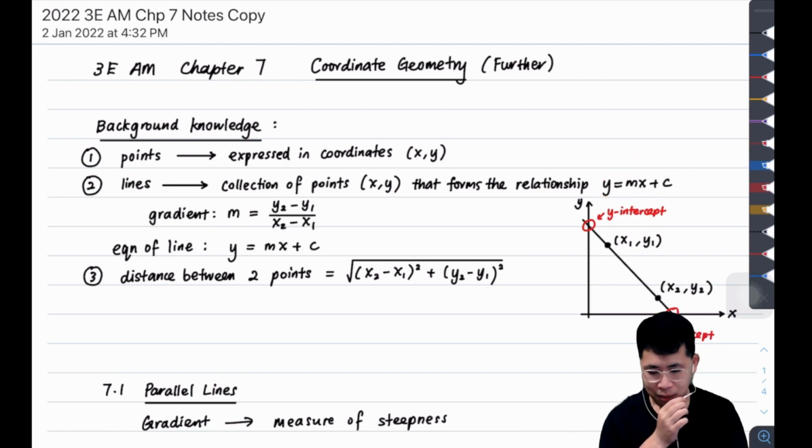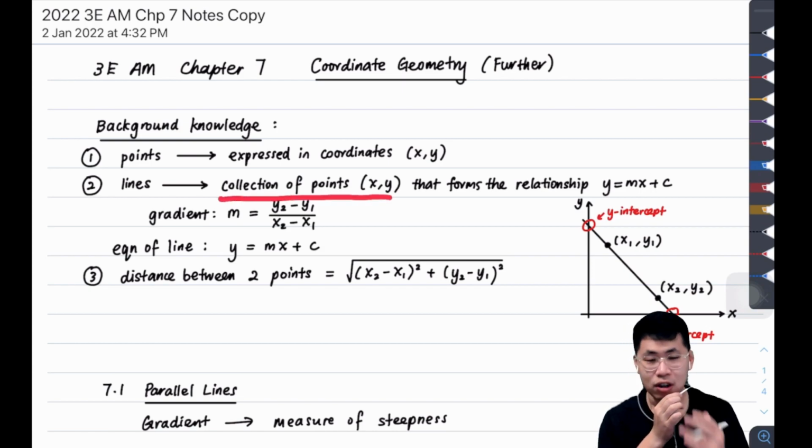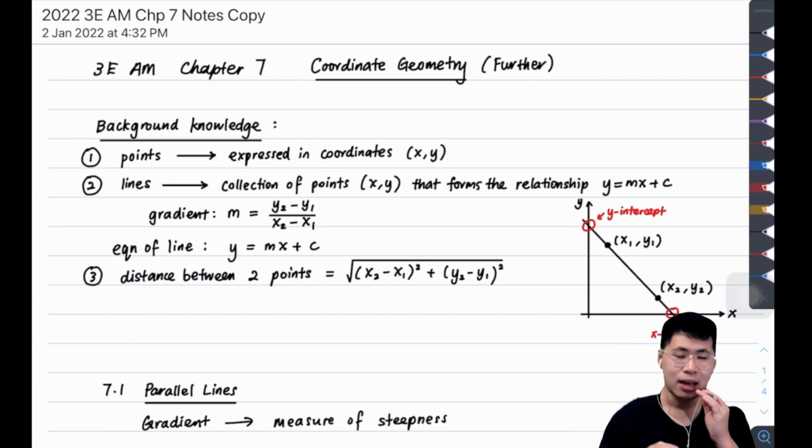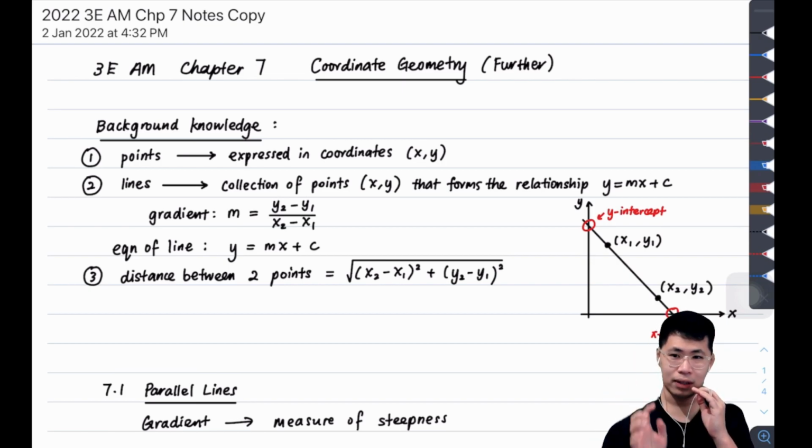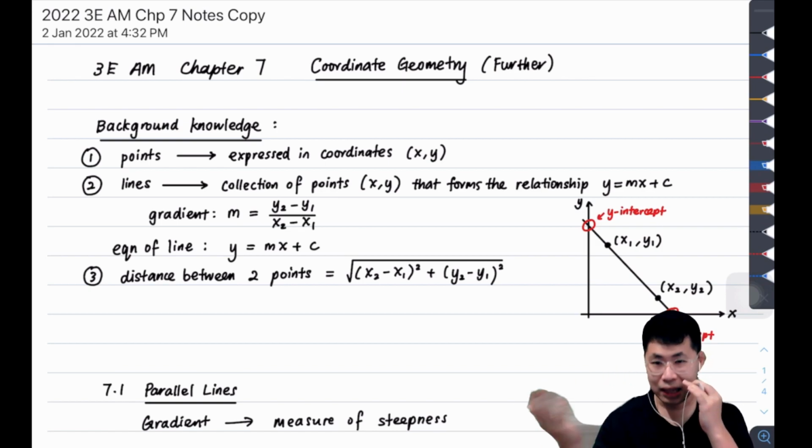One more time, because a line is a collection of points x and y, this set of x and y's will form the relationship y equals mx plus c. So this equation of the line represents all the possible points that form a line. This is why we call it the equation of the line, or the name of the line.